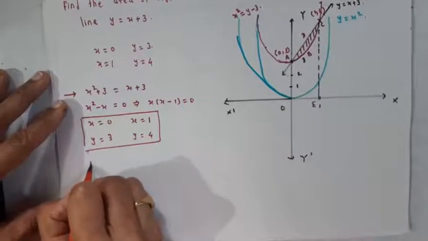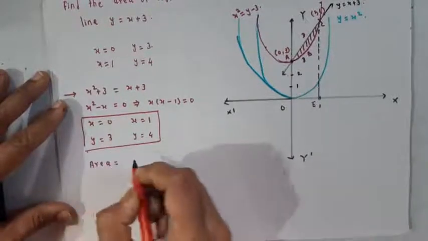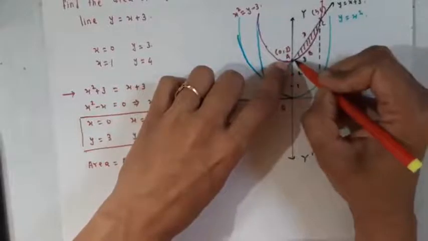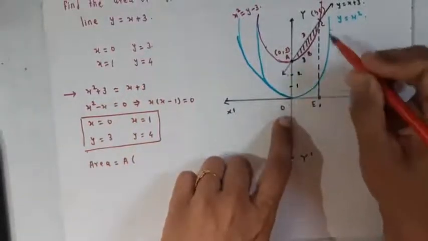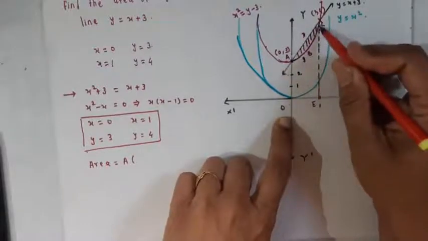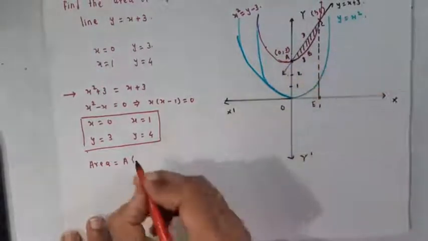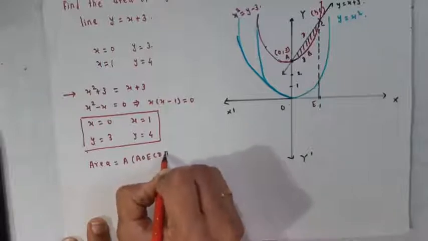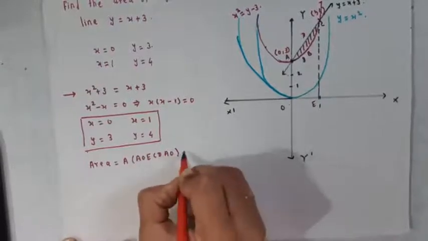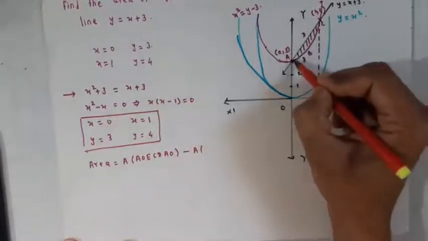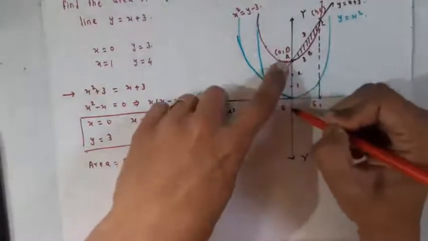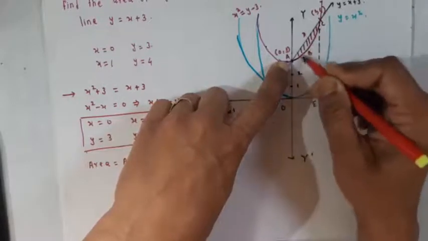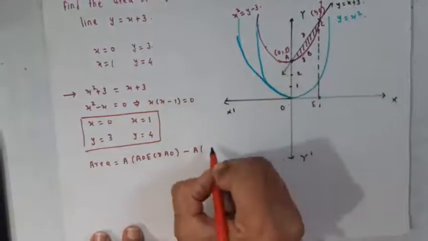So the required area equals the area between, see, this is the upper curve, the line A, O, E, C, D, A. This much area we will find out first, that is area AOECDAO, minus the area due to this curve, that is AOECBAO, the lower curve portion.